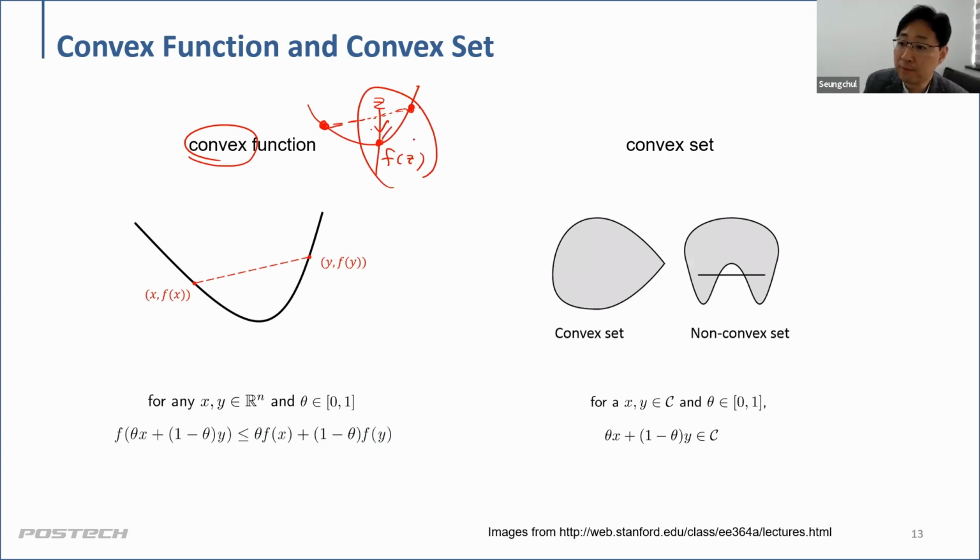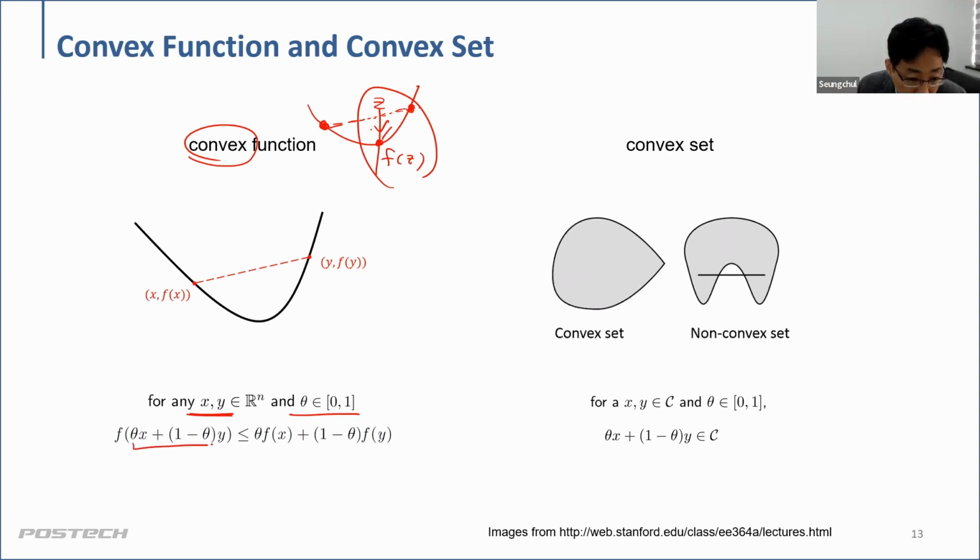So that's the definition of convex function. And we can write it down. Any x and y, two data points or two vectors, and theta is just a scalar value between 0 to 1.